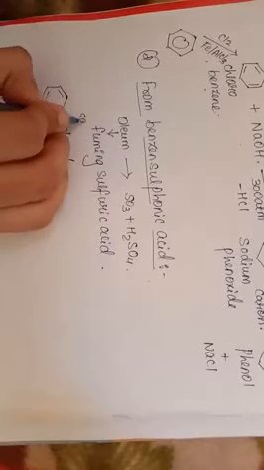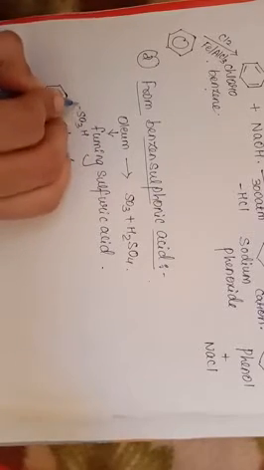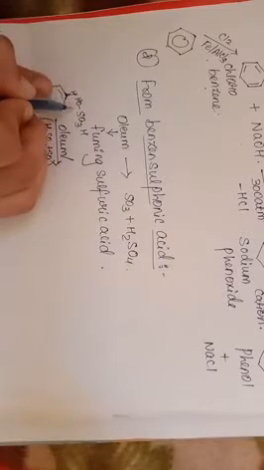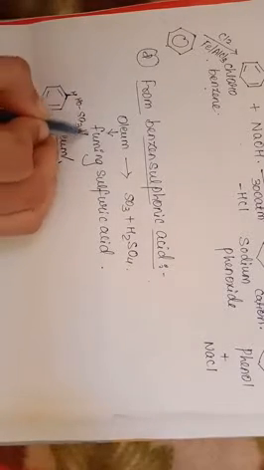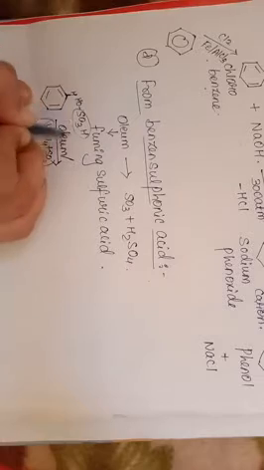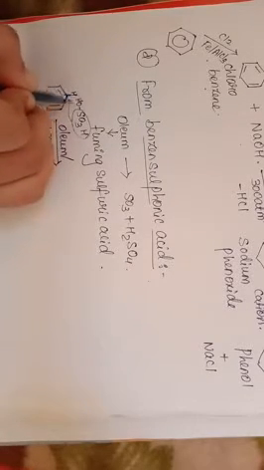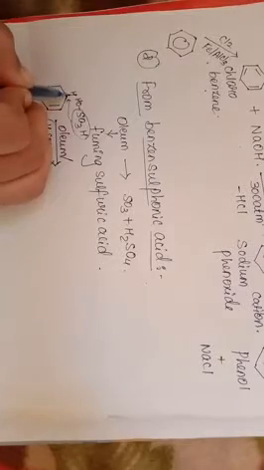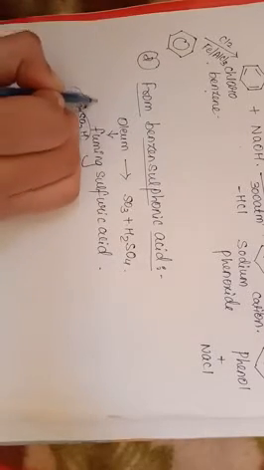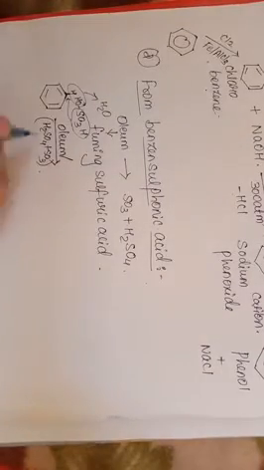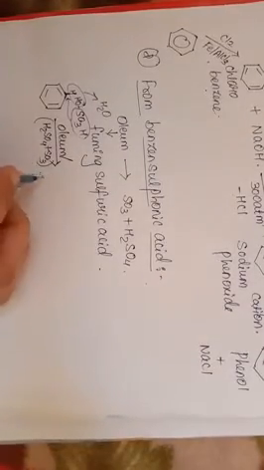So in this oleum, the SO3H group will get attached here by replacing this hydrogen, and the OH of oleum and hydrogen of benzene will be removed out as H2O. So this is basically the process of sulfonation.